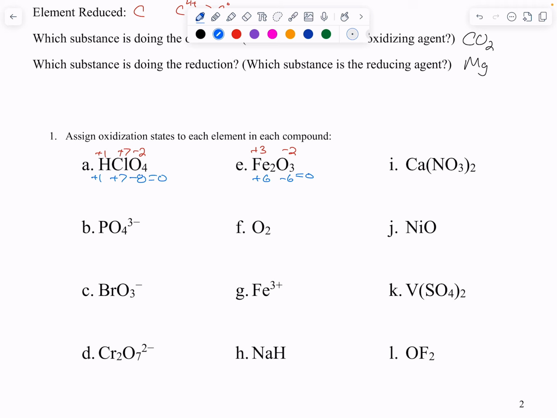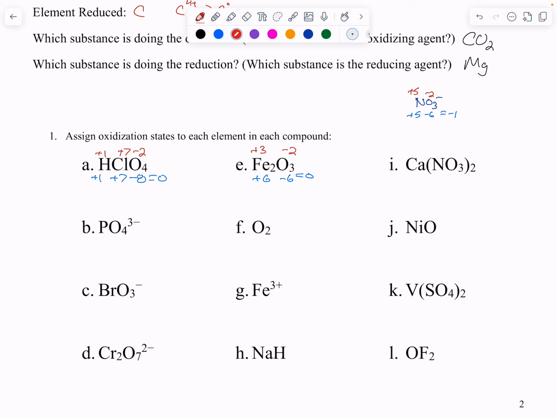Now, what's interesting about calcium nitrate. Nitrate's nitrate, right? You can actually take nitrate up here, NO3-, and do nitrate by itself. All right, so oxygen's -2, -6, +5. You can do it by itself because nitrate's always going to be that way.